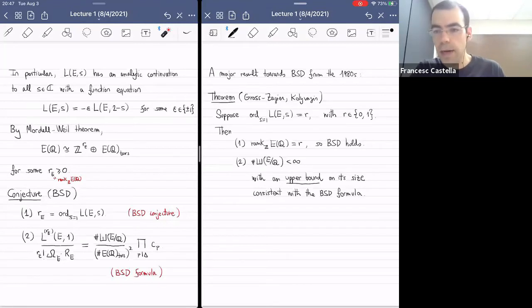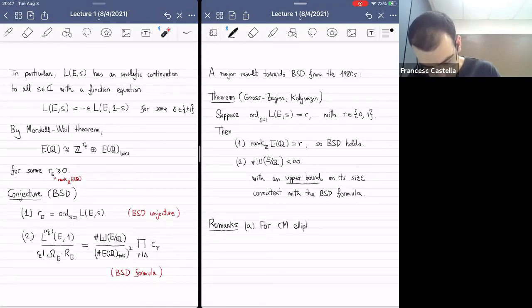Okay, so a couple of remarks about this. The first one is that prior to this work, there was another breakthrough on BSD, but that was restricted to the case of CM elliptic curves. For CM elliptic curves, and in the case r equal to 0, there were earlier major results by Coates-Wiles and Rubin.